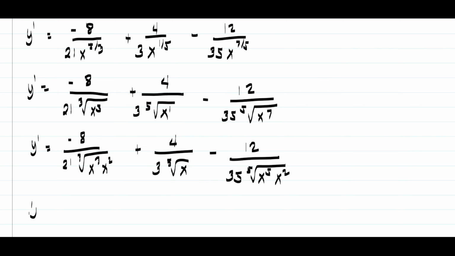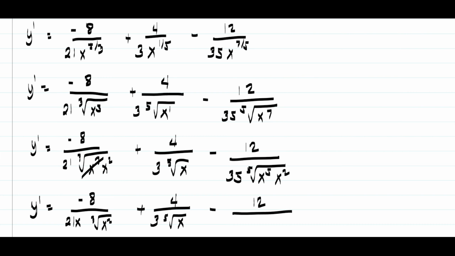So let us have y prime equals negative 8 over 21. And since we only have one x cubed in the radical sign, we are going to get this one, and that is x, and then cube root of x squared plus 4 over 3 fifth root of x minus 12 over 35.